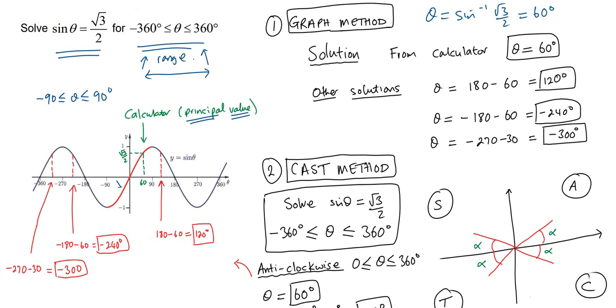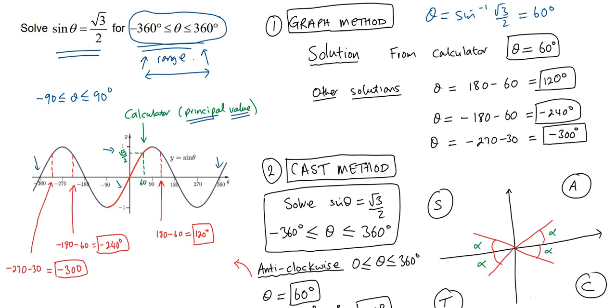Now they've given us a different range to this one, so what we've got to do is find out what the other values are. The first value we can see is in green here, and that's the principal value, which is 60 degrees. I've shown in red where the other values are within this range, because this is a graph between minus 360 and 360.